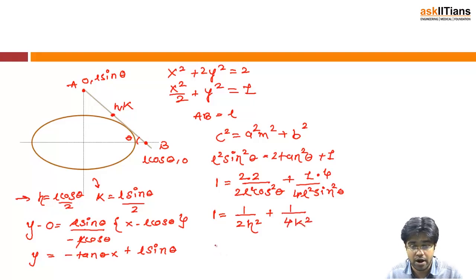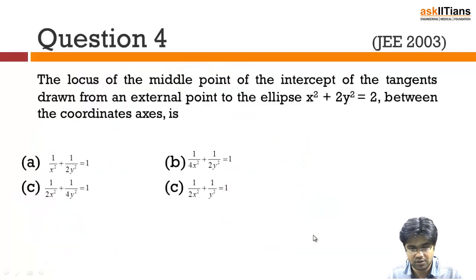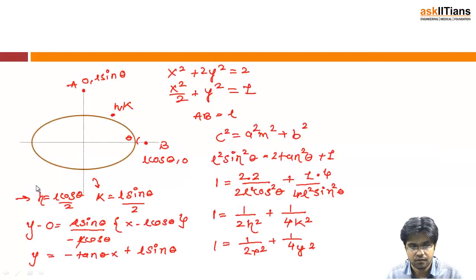So this is the required locus: 1 equals 2 by x square plus 1 upon 4y square. That is the correct answer. Option C is correct.